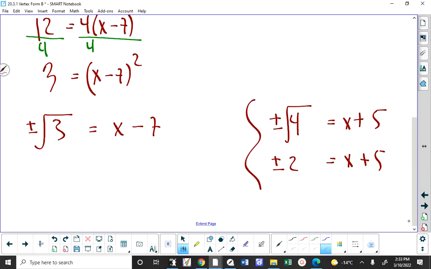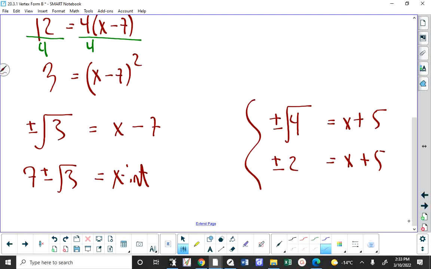Square root of 3. Right, plus or minus root 3. Because it's irrational, we've had this conversation before, you don't want to write a decimal value down because it's an approximate value. So all we have to do here is add the 7 to both sides. And those are the x-intercepts. And there's nothing wrong with you saying the x-intercepts are 7 plus or minus root 3. You don't have to say 7 plus root 3 and 7 minus root 3.